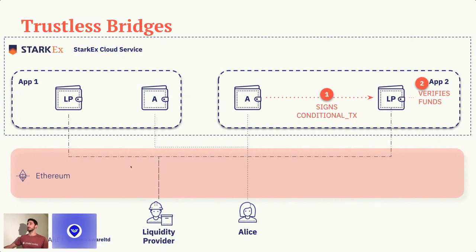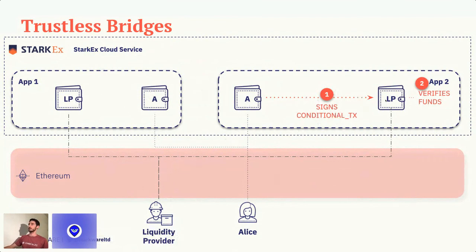Note that there are no accounts on Ethereum that are involved, right? So the first step is that Alice signs a conditional transaction. But now the condition is not the liquidity provider transferring funds on-chain to Alice, but the liquidity provider transferring funds on a different application to Alice.